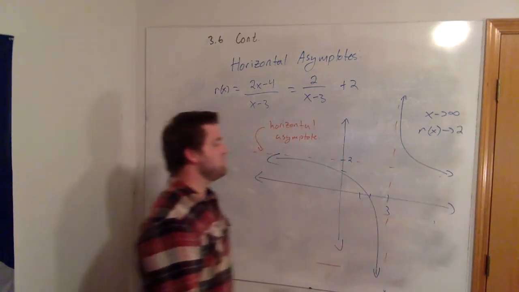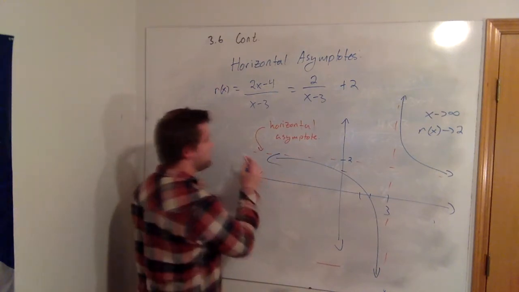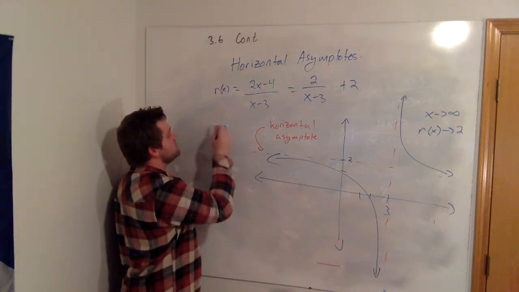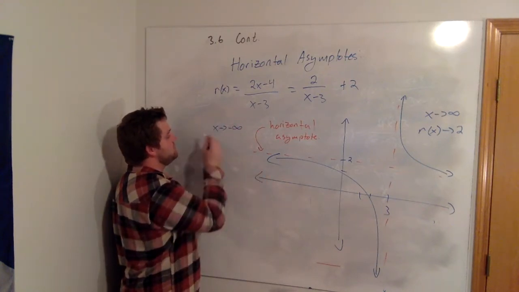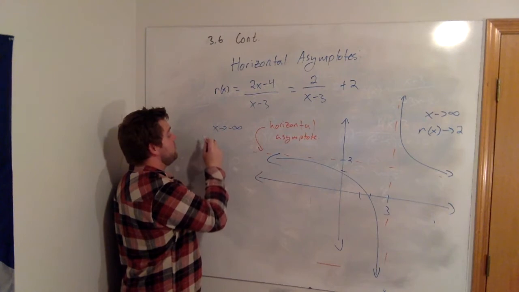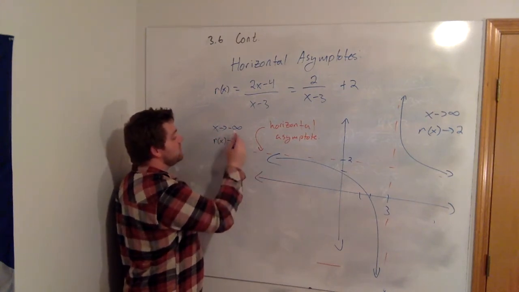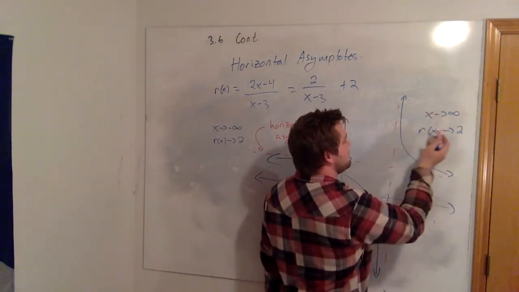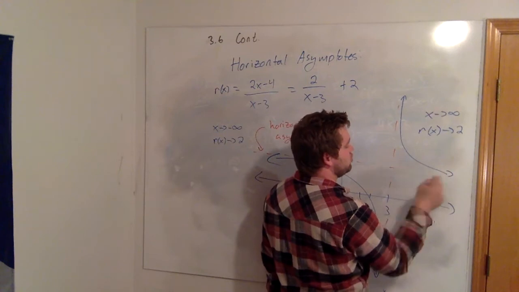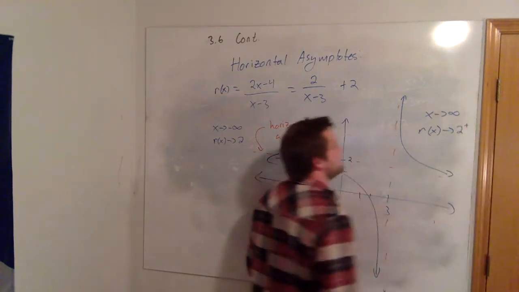Similarly over here, as x is going towards negative infinity, r of x is getting closer to 2. Now, I could say over here as x is getting really big, r of x is getting closer to 2 from above, so I might put a plus here.